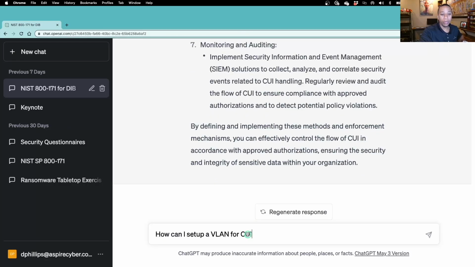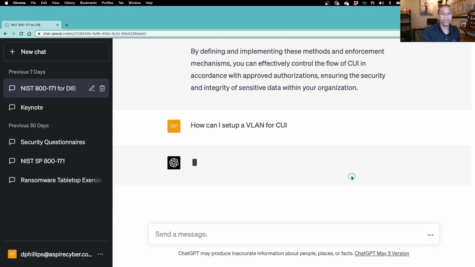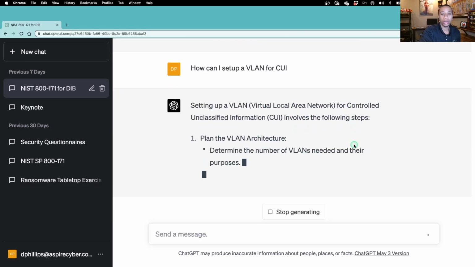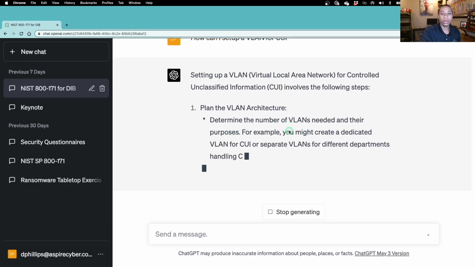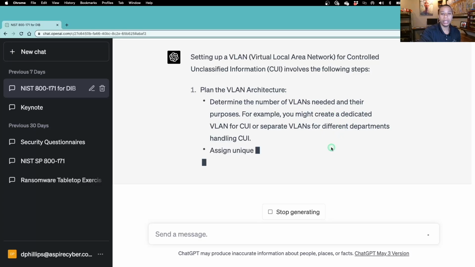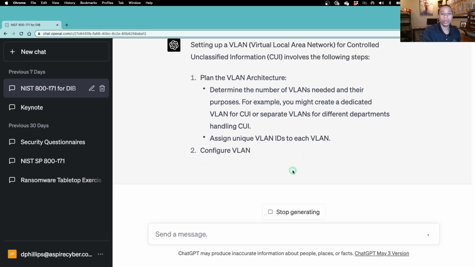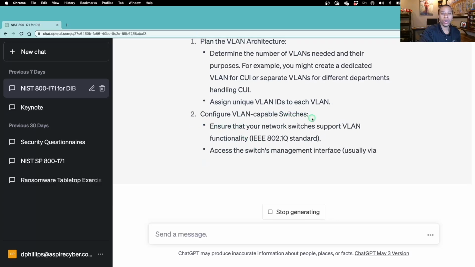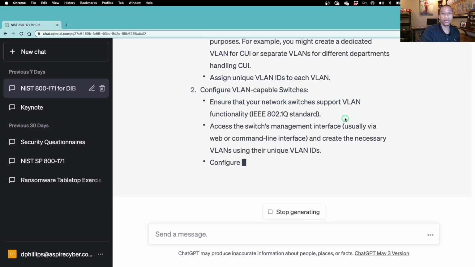To elaborate on VLAN, I'm going to ask ChatGPT, how can I set up a VLAN for CUI? A virtual local area network. So you determine the number of VLANs needed, and the VLAN ID. We're going to configure a capable switch for that VLAN.